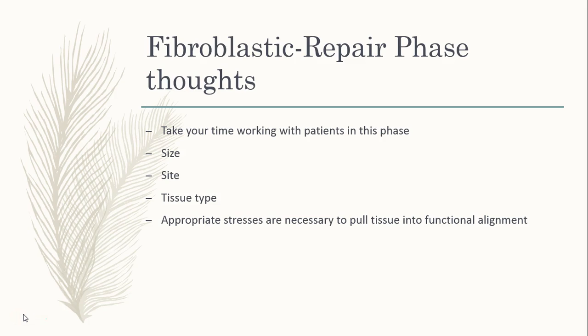The other thing that we're going to really stress in this is using the stresses to pull the tissue into a functional alignment. So if you're thinking about a Tommy John surgery and you're thinking about the medial aspect of the elbow and you're thinking about throwing, you need to move the elbow in the direction that a throw would be. So we first need to cause a functional alignment of that ligament.